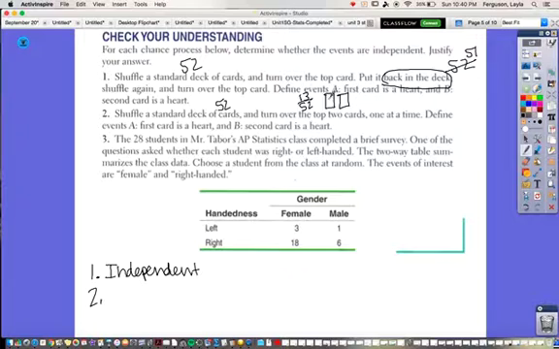But because we chose that card and it wasn't in the deck when we picked up the second card, our probability for the second card, assuming that the first card was a heart, would be 12 out of 51. Because even though you pick these cards up at the same time, there were more cards in the deck when you chose that first card than there were for the second card. So these are not independent.